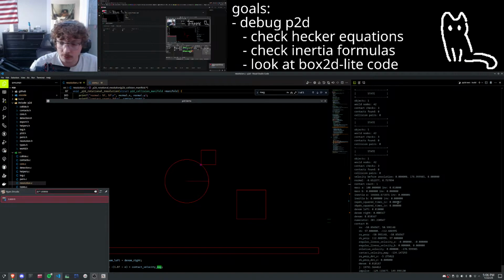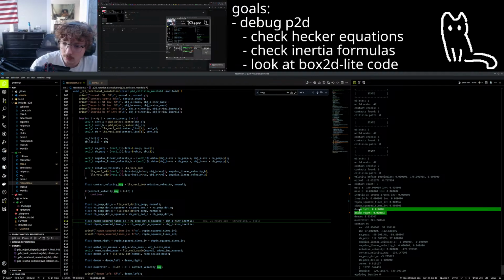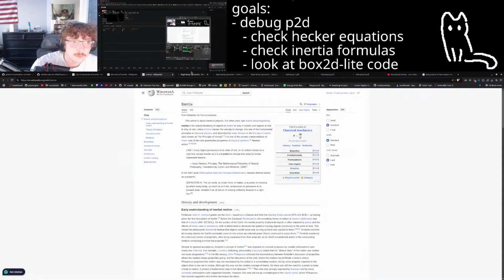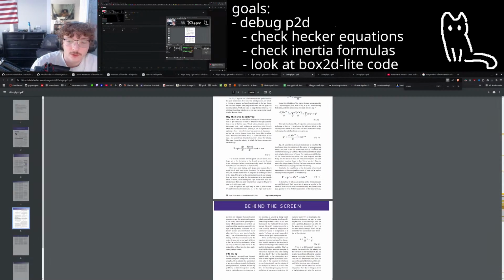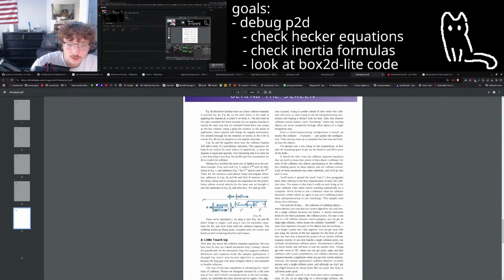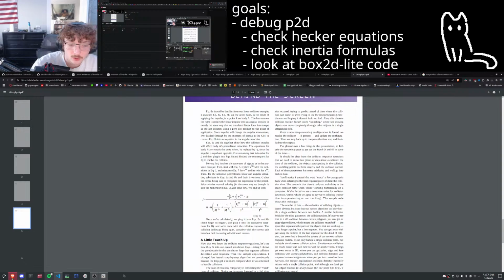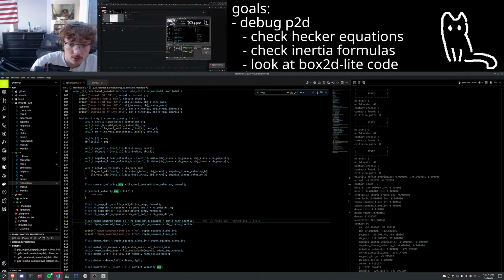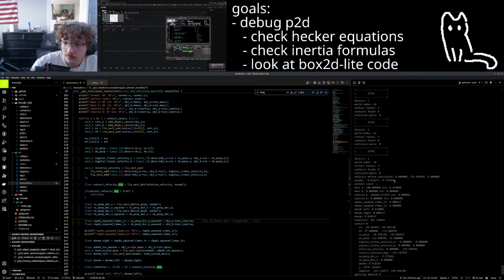Yeah, that looks, that's almost exactly right. That's probably rounding. So the left of the denominator is the normal dotted with the inverse masses times the normal. With the inverse mass, one is 0, the other is going to be really low.